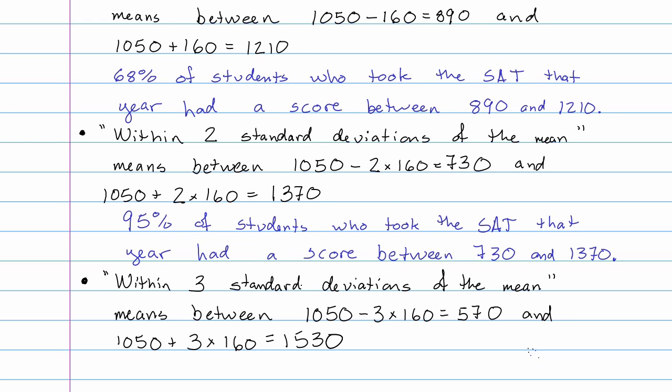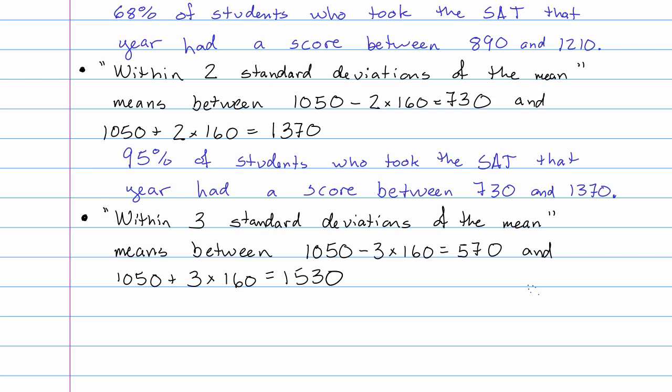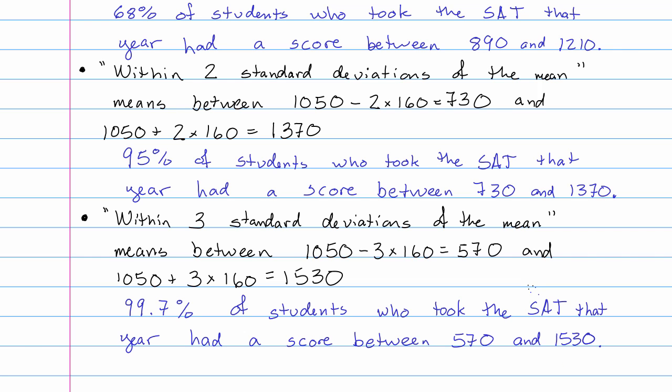So according to the empirical rule, if that's the mean and the standard deviation, 99.7% of students who took the SAT that year had a score between 570 and 1530. In the next video, we'll see how to apply the empirical rule to actually answer questions whose answers we might be interested in.